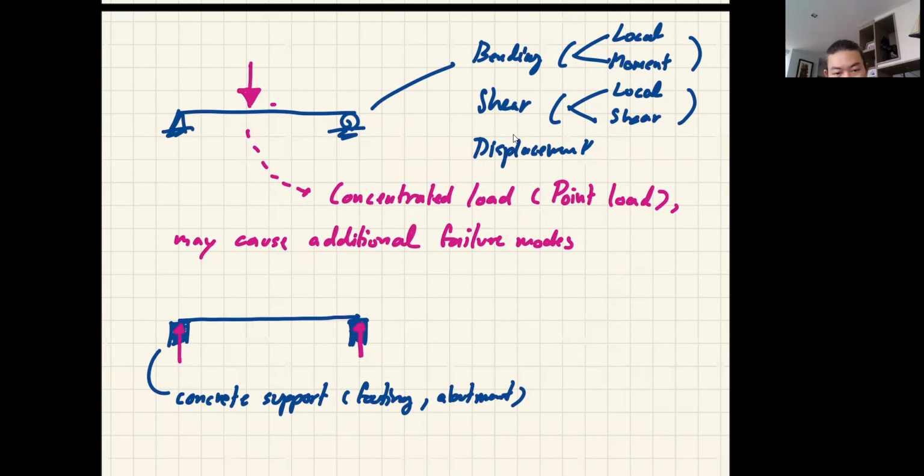So if you have a point load, keep in mind that not only these typical failure modes have to be considered, you also have to consider an additional failure mode due to the nature of this load. Okay, in addition.